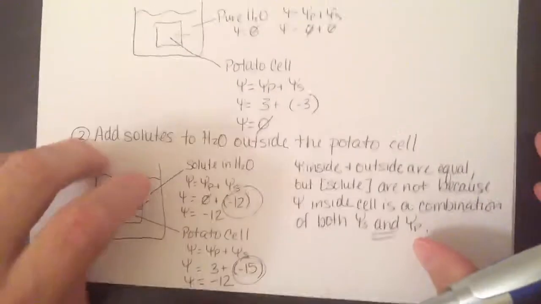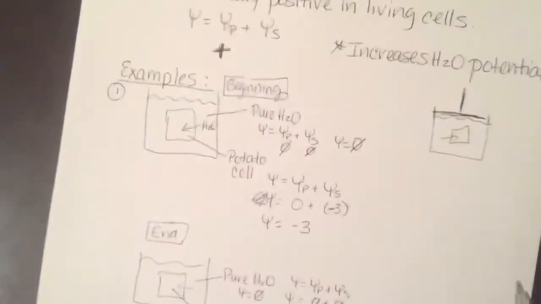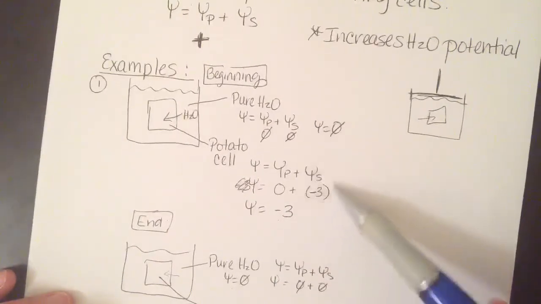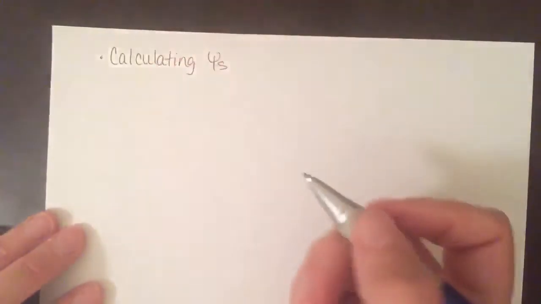So one other thing that we need to talk about is how to actually calculate, how do they get this solute potential? Like when we say up here that the solute potential is -3, there's actually an equation that is involved with that. So let's write here, calculating solute potential.